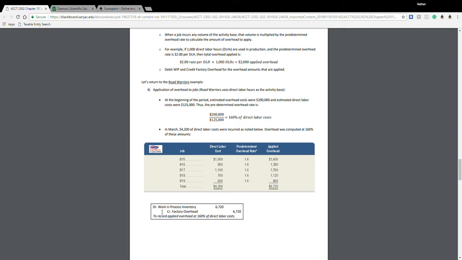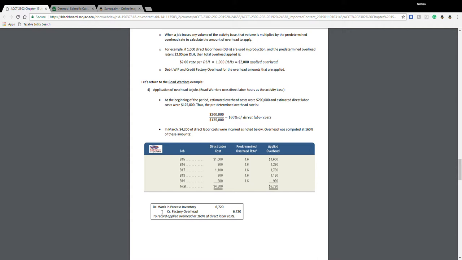So, we're now going to move that overhead to work in process inventory. And then we credit factory overhead. So right now, it's basically a credit only account, but factory overhead is still an asset. So we know we need to fix this up because it can't be just credit.